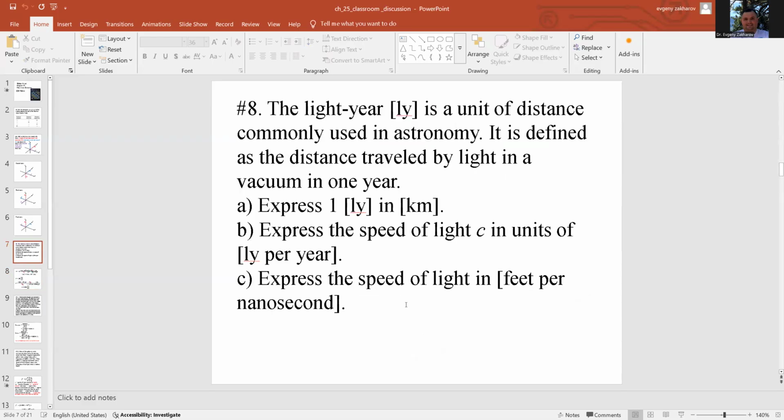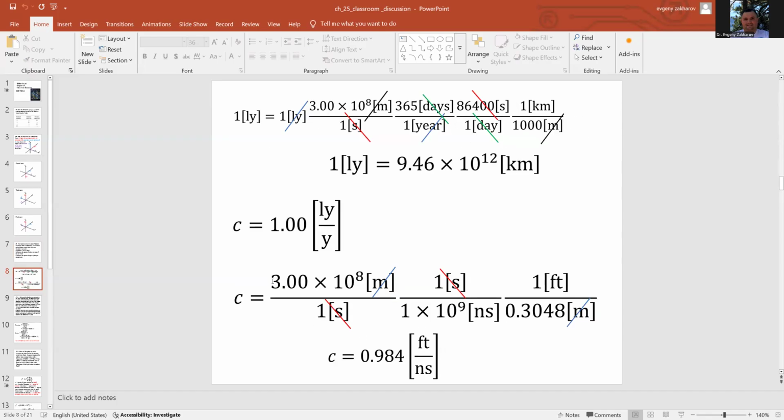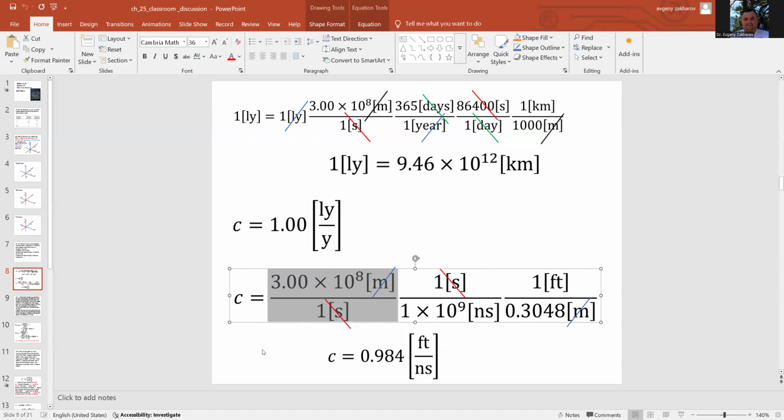And now it's the speed of light in feet per nanosecond. Okay, so still the speed of light. We start with the speed of light. This is, by the way, the speed for the propagation of electromagnetic waves in vacuum or air. And you have to get rid of seconds. You need nanoseconds, and nano is 10 to the negative ninth.